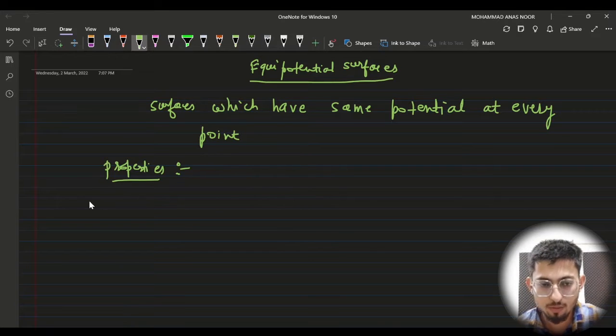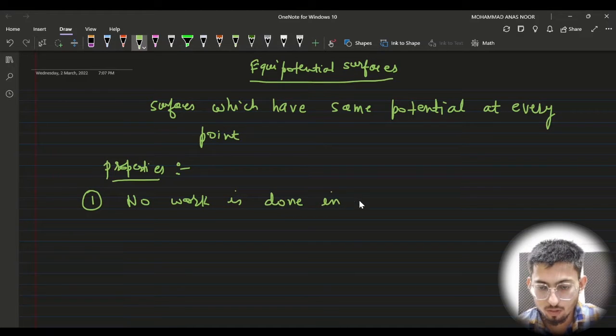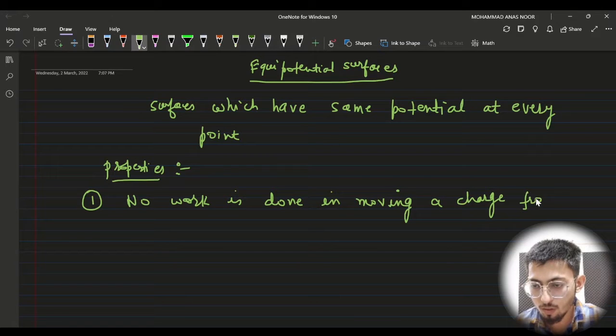So the first one is that no work is done in moving a charge from one point to the other, one point over equipotential surface.